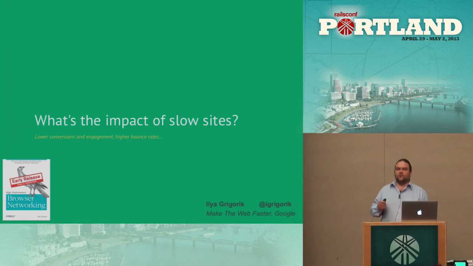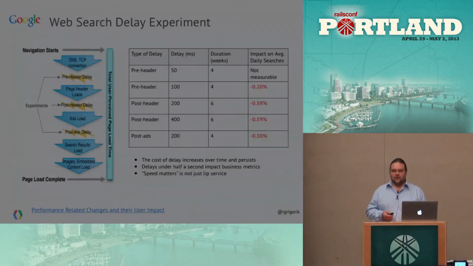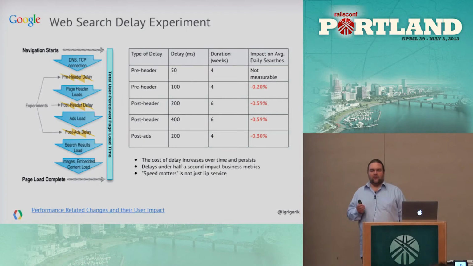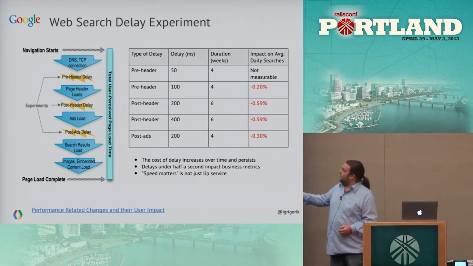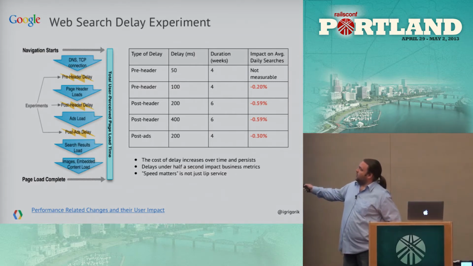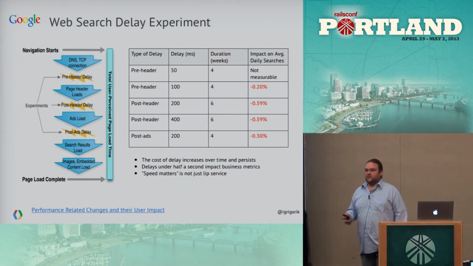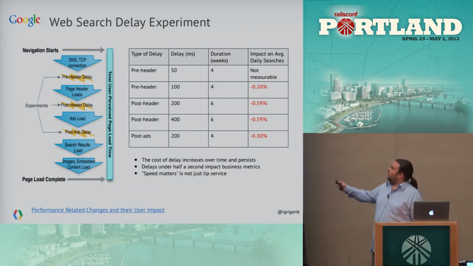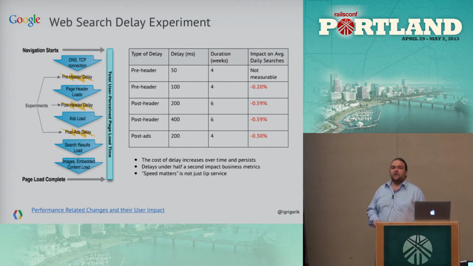Ilya Grigorik from Google was kind enough to give me a couple of his slides to get the idea of the whole snappiness thing. Google did a pretty cool experiment. They artificially slowed down their server for a specific user group. And you can see that starting with 100 milliseconds, which is nearly nothing, they already saw a result where people stopped using that service.